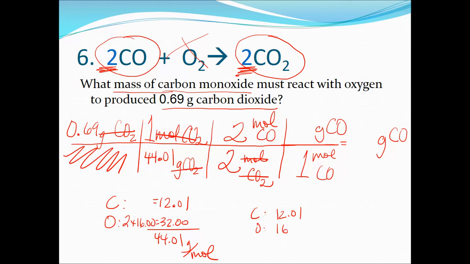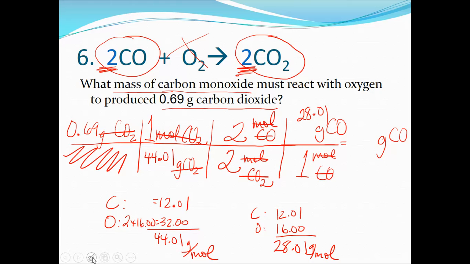Oxygen is just 16.00. So the molar mass of carbon monoxide is 28.01 grams per mole. Plug that in up top, 28.01. And that's going to let moles of CO cancel.